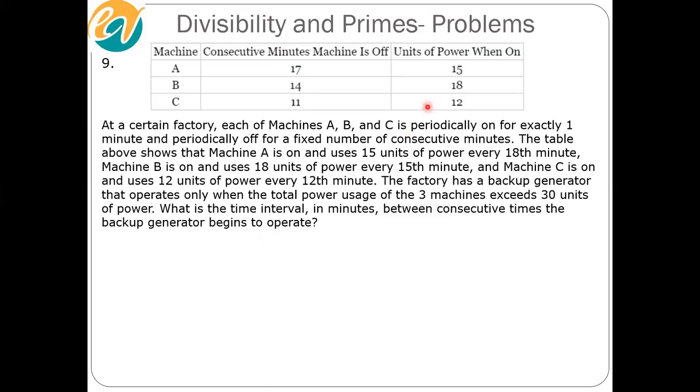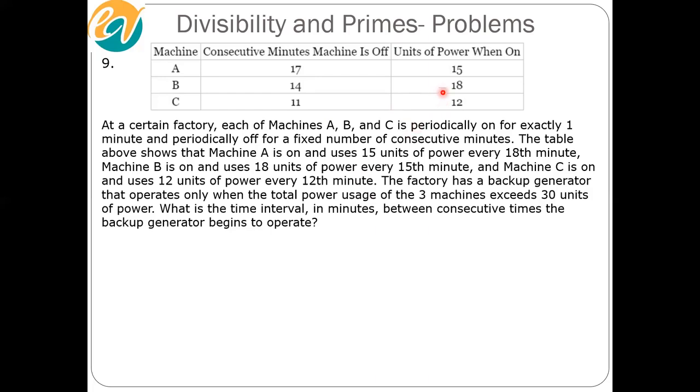Now, notice if A alone is operational, which means basically after every 18th minute, will the total power usage exceed 30 units? No, it will only be 15. Similarly, when B alone is operational, no issues. Only C is operational, no issues.